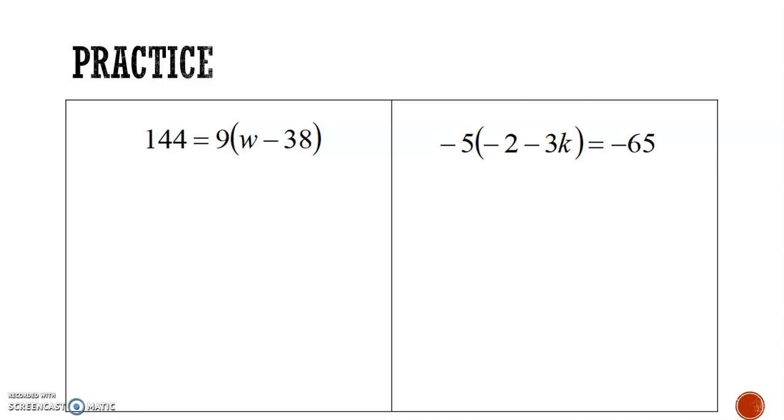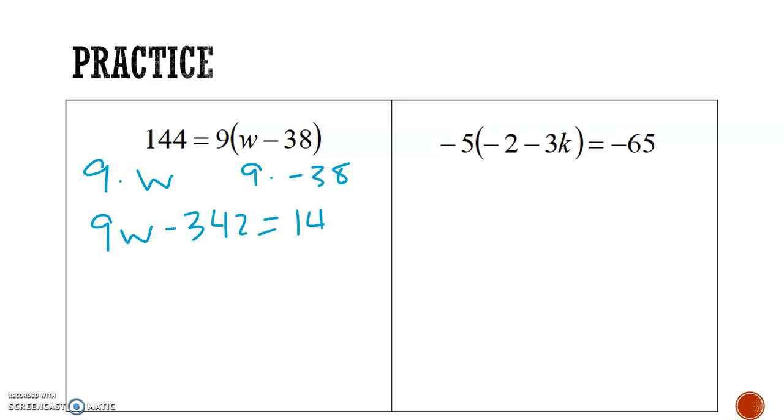All right, so we have 9 times w, and then 9 times negative 38. So 9 times w is just 9w. 9 times negative 38 is a negative 342. And then we have equals 144.